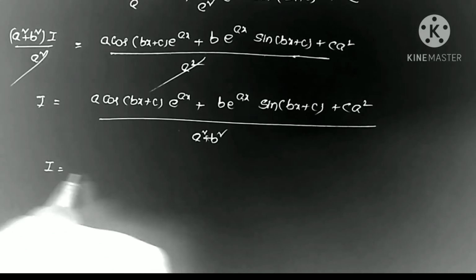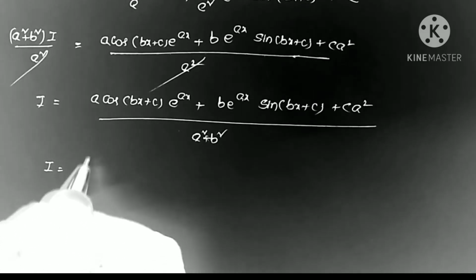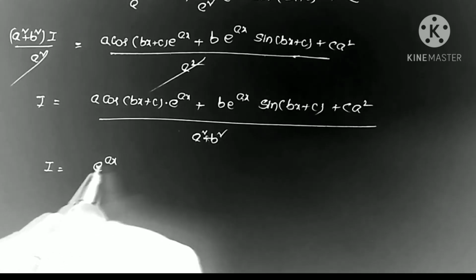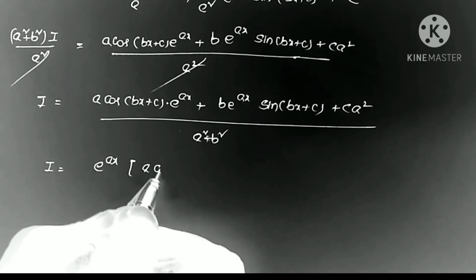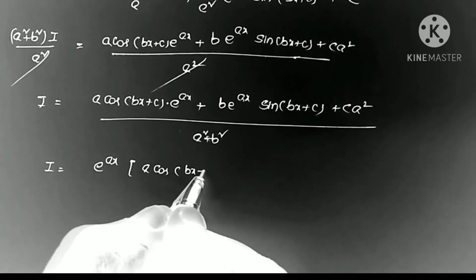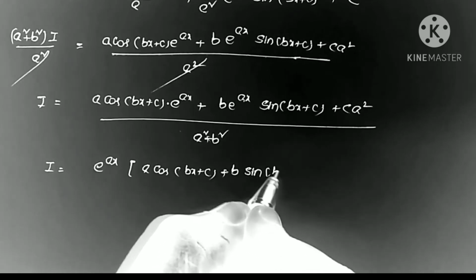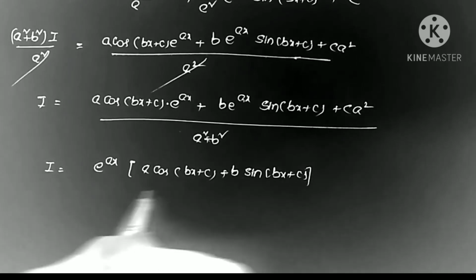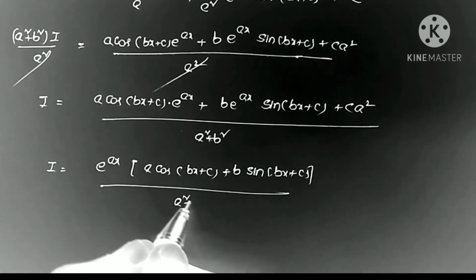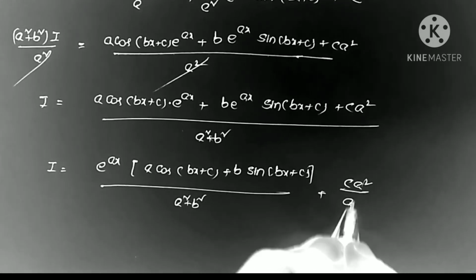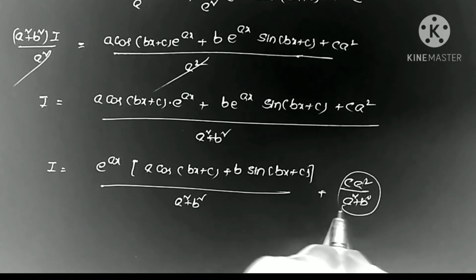That is, I is equal to e^(ax), which is the common term in these two. So taking it common, e^(ax) into [a cos(bx + c) + b sin(bx + c)] by a² + b², plus what is the remaining value? c into a² by a² + b². Now we take this total value as k here.